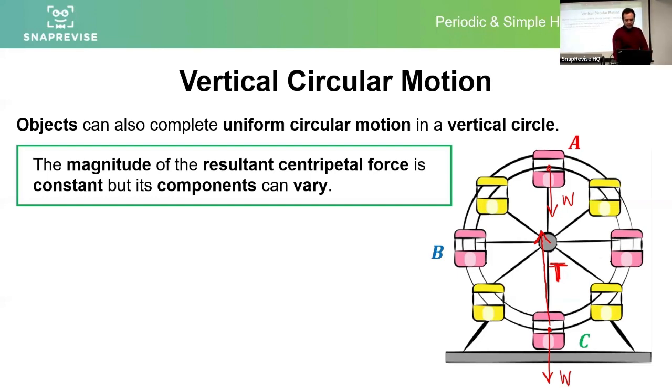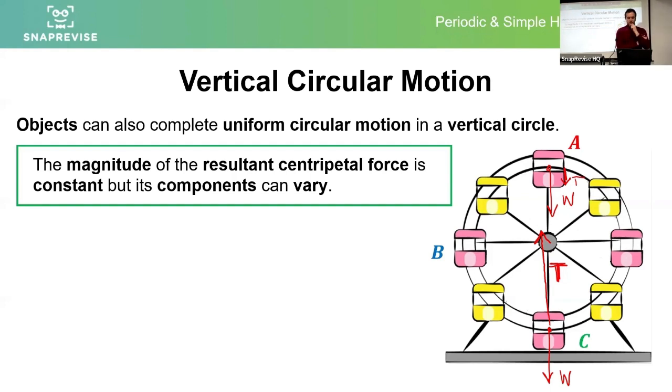But at A, the tension will ease off. It doesn't need to do so much pulling. It might still contribute a little bit, but as long as the vector sum of the forces on each carriage is constant, and it's constantly equal to the required centripetal force, fine.